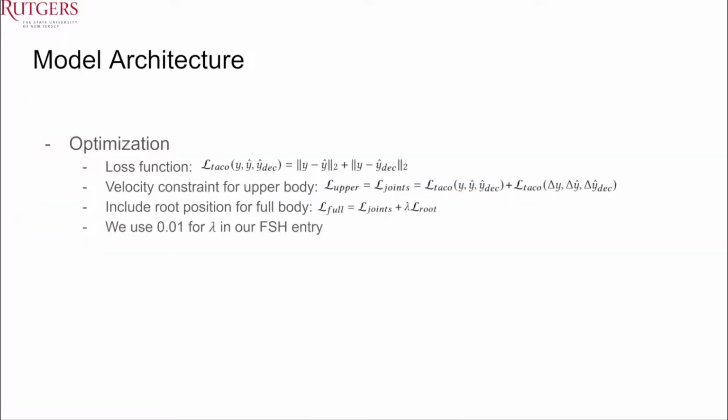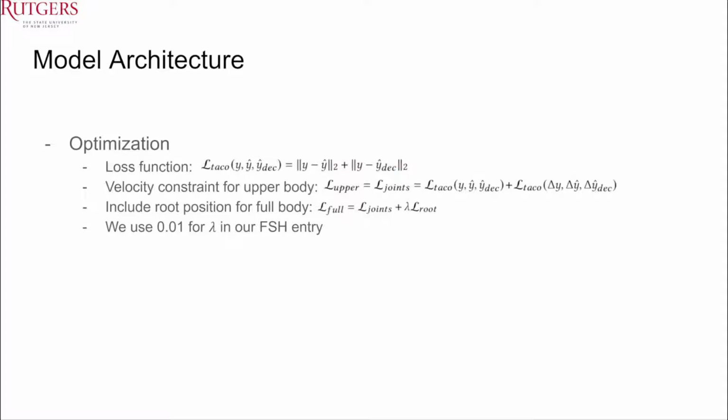We define our loss function as shown in the slide, where y is the ground truth, y hat is the predicted sequence by the model, and y hat dec is the output sequence after the decoder. For optimizing the upper body gestures, we add a velocity constraint. The final loss function becomes as shown on the slide, where the symbol delta means the motion velocity.